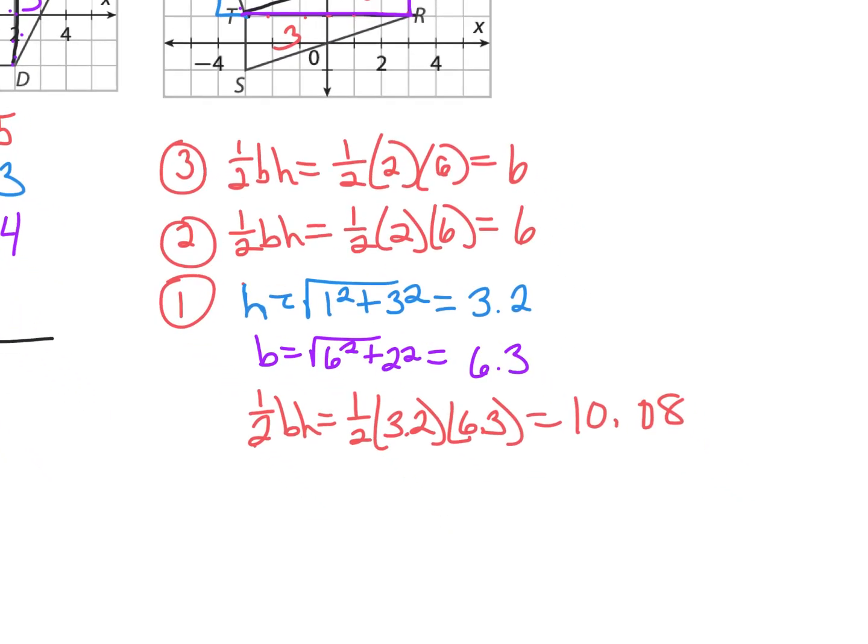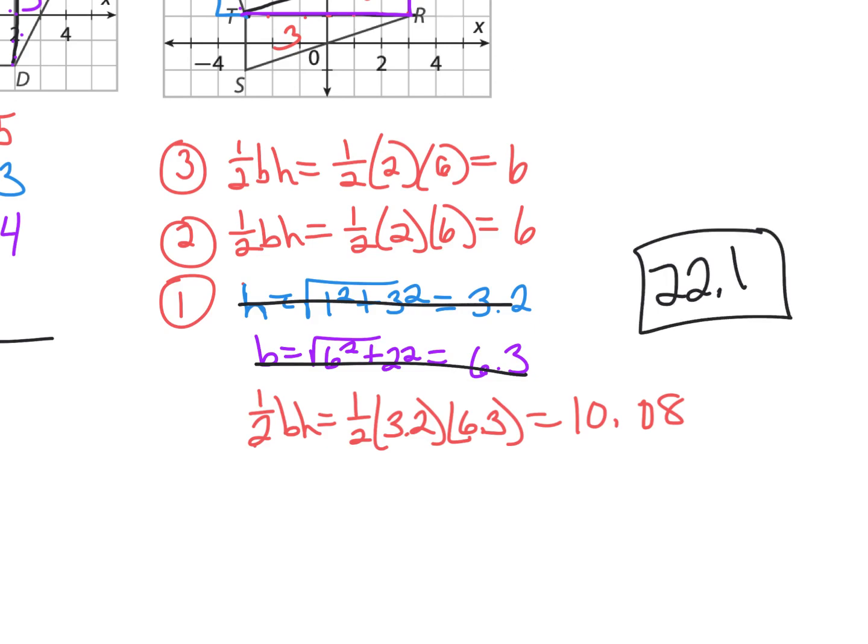Alright, so we'll call that 10.1. Now I'm not going to add these because these just used to find area. So my area is just 6 plus 6 plus 10.1. So 12, that is 22.1 for the area of that figure.